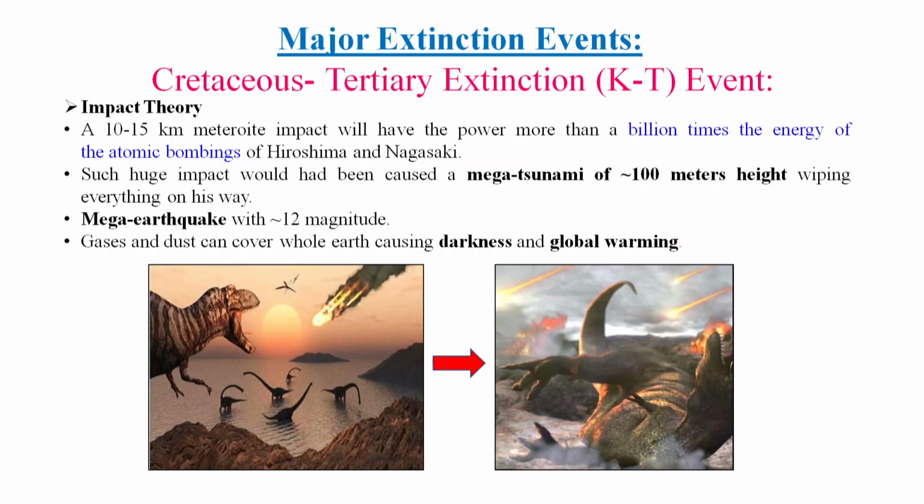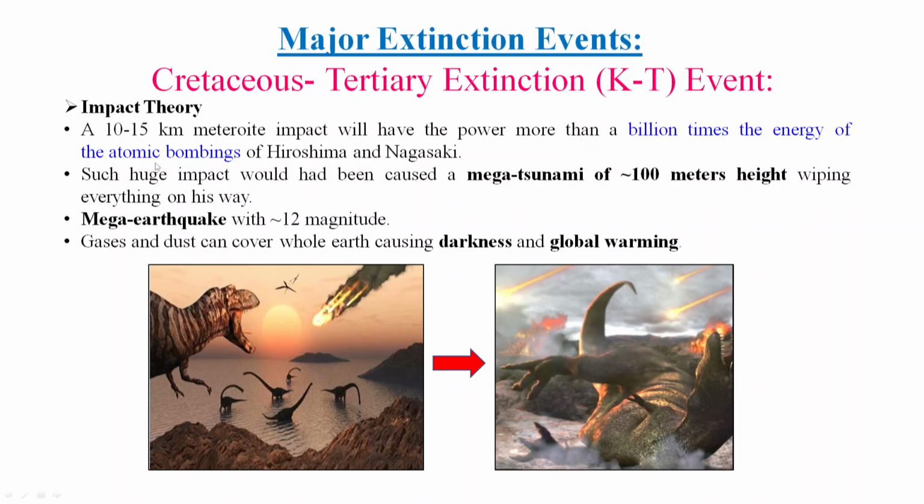The impact theory states that a 10 to 15 kilometer diameter meteorite impacted with a power of more than a billion times the energy of the atomic bombings of Hiroshima and Nagasaki. Such a huge impact would have caused a mega tsunami of more than 100 meters height, wiping out everything in its way, and also global seismic activity, an earthquake of more than 12 magnitude, that is the maximum in the Mercalli scale that we have discussed earlier.